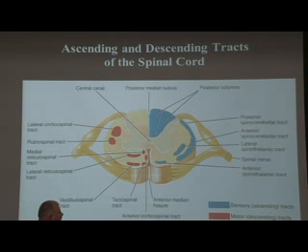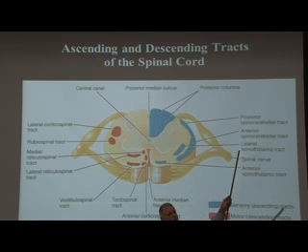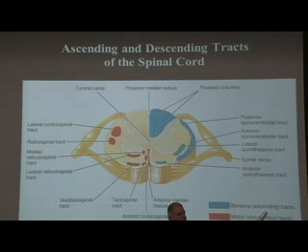Okay, the information carrying sensory information here is all blue. These are what we call tracts. They're conveying discrete types of sensory information. Since the information arises in the spinal cord to go up to the parietal lobe of the brain, we say they are ascending tracts.